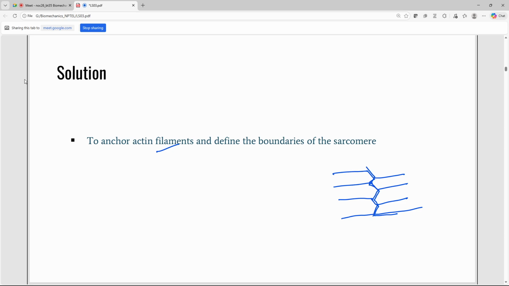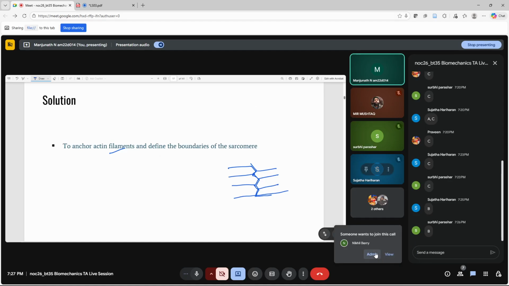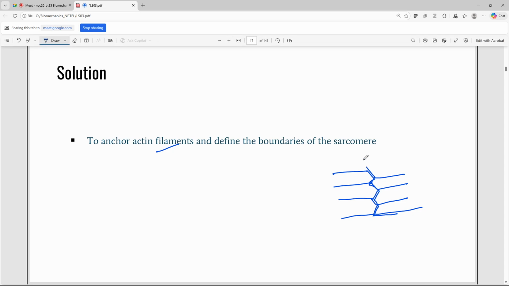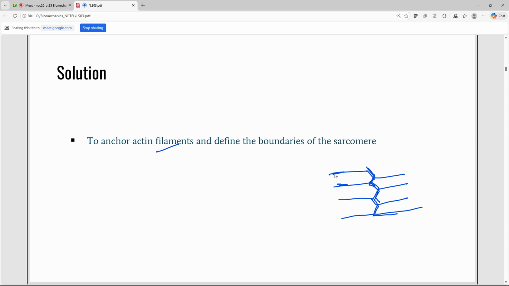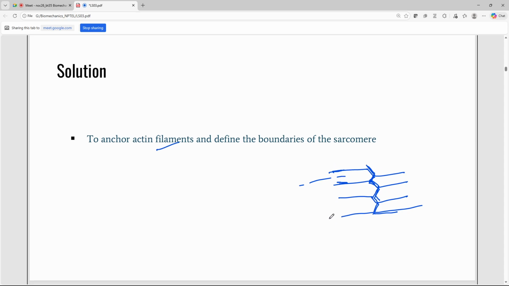At these connection points, very low to zero movement will be happening, while the movements will be happening inside the functional structure, that is the sarcomere. So that's why it's called an anchor also.